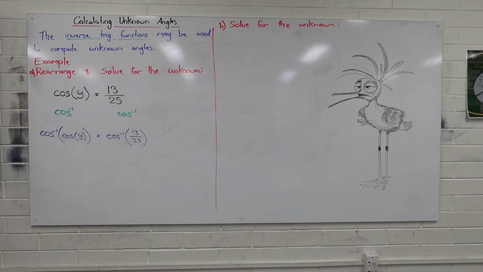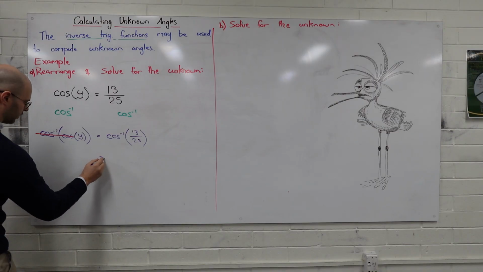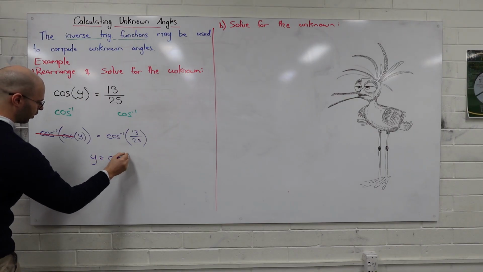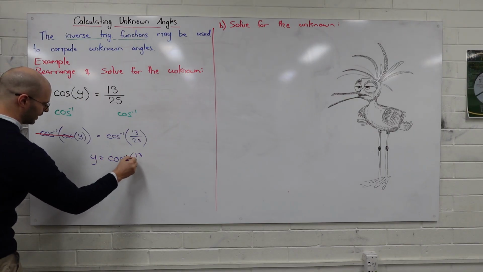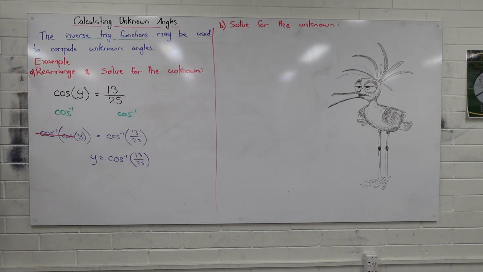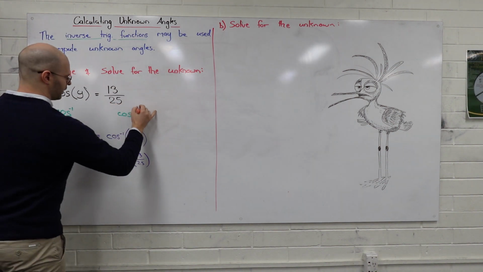Now when we do this, it looks like we made it more difficult, but we've actually simplified it because the inverse cosine and the cosine cancel each other out. So what we discover is that our y is equal to the inverse cosine of 13 over 25. So this guy over here is called inverse cosine.